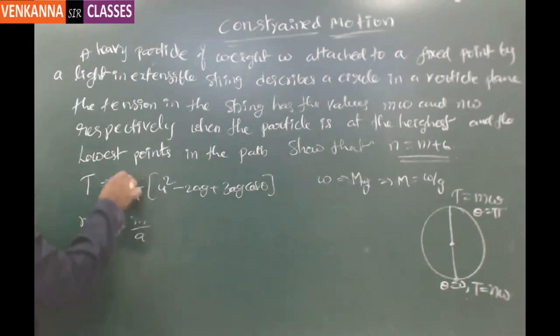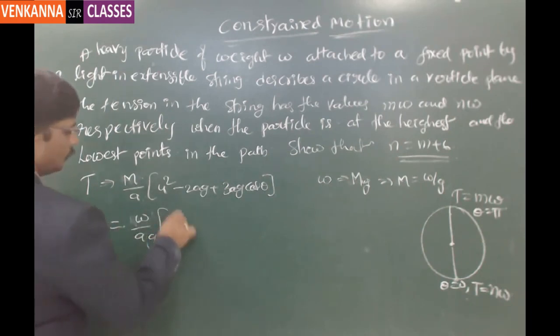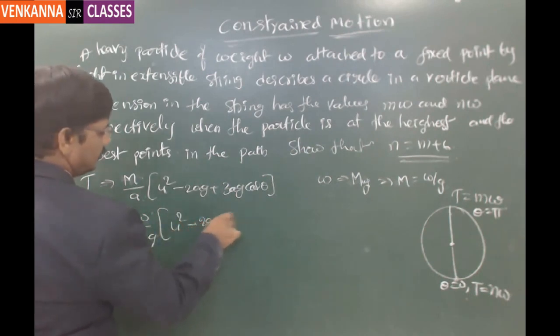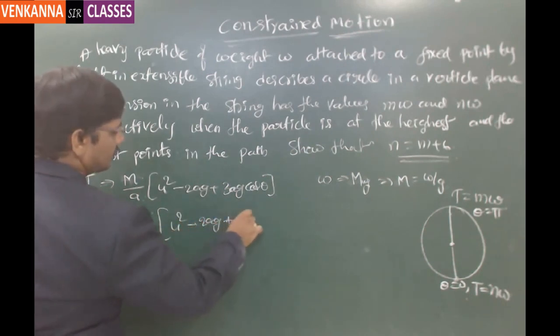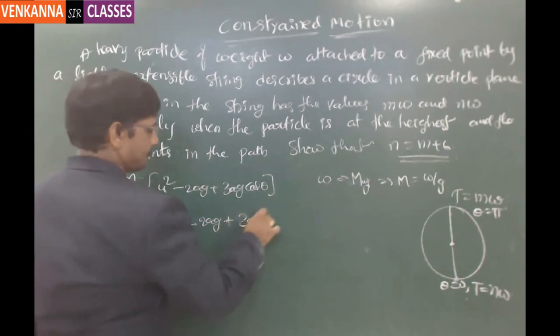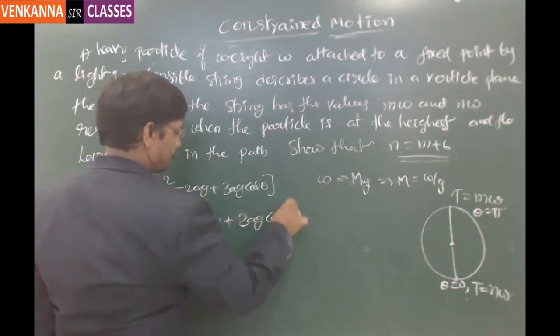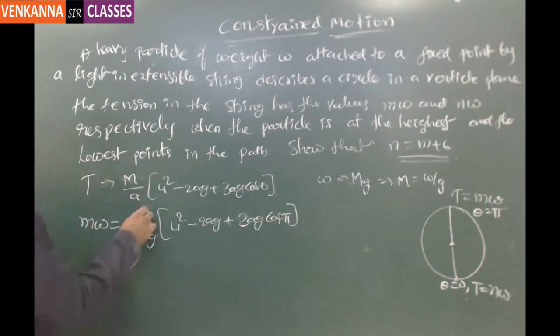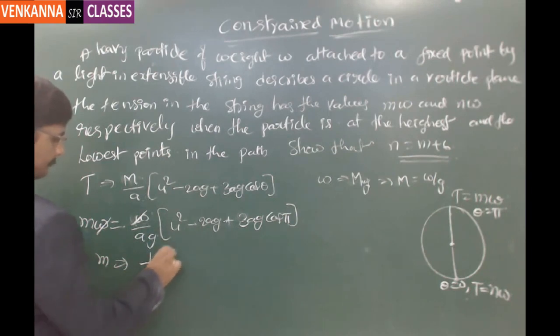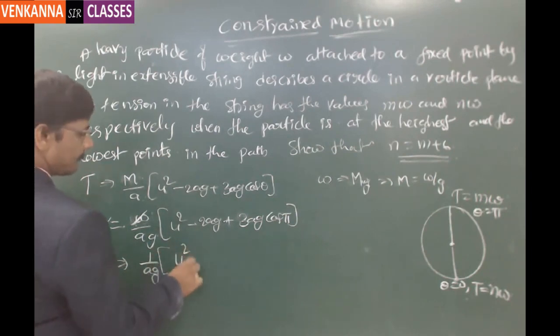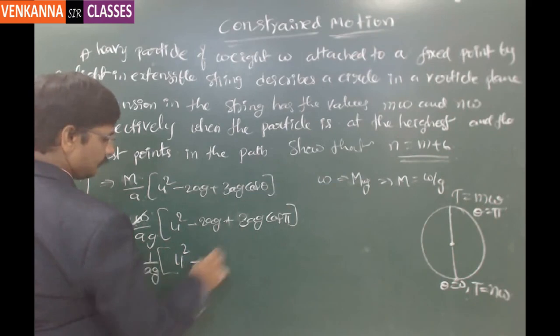So this capital M is equal to W by g into u square minus 2ag plus 3ag cos pi. So this W will cancel out. M is equal to 1 by ag times u square minus 5ag.